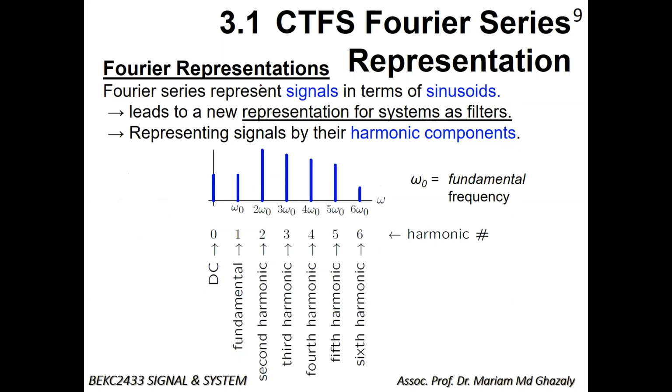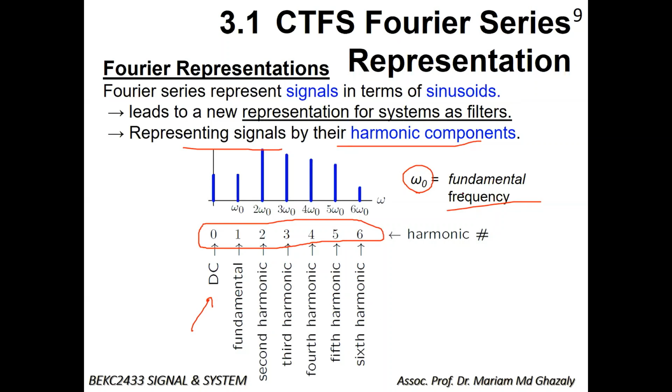Okay, let's see an example. We were talking about representing signals by their harmonic components. So let's say that we have omega naught, which is the fundamental frequency. We call these harmonics. The first value here, at harmonic 0, will be the DC value.